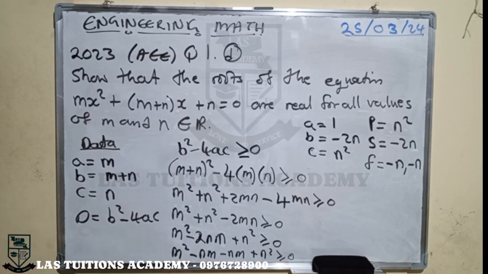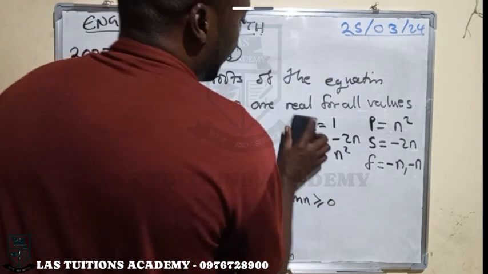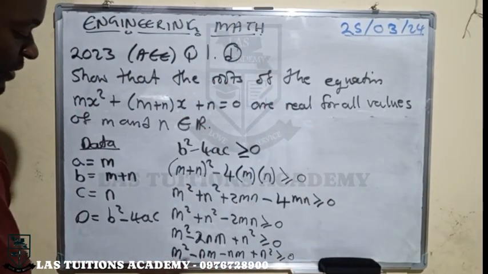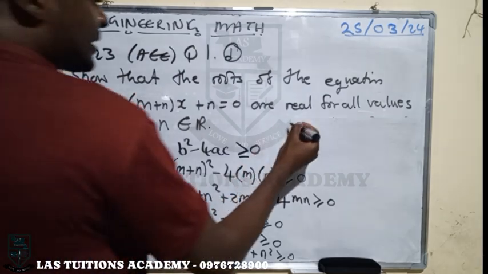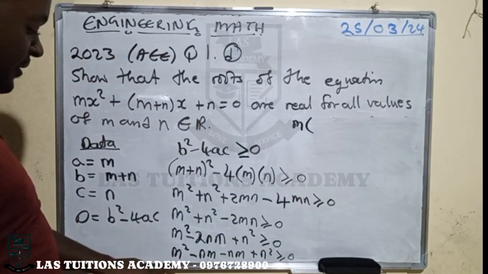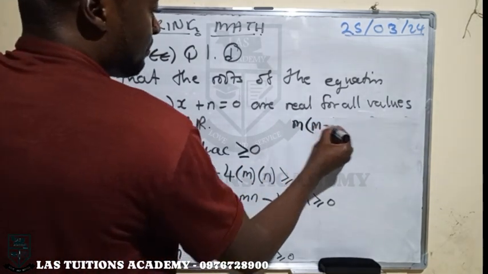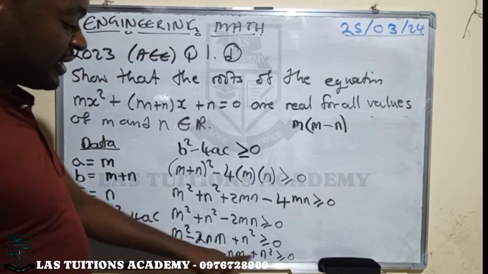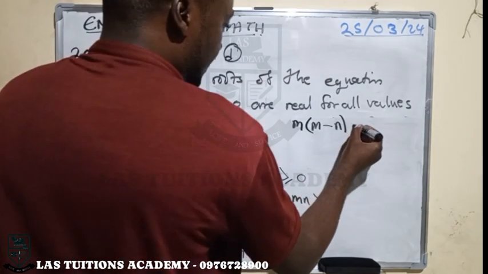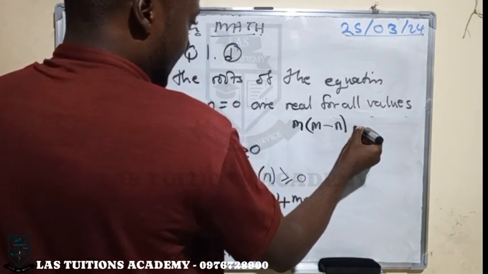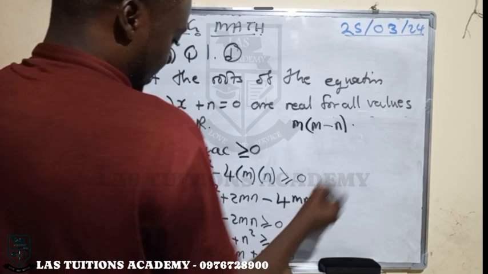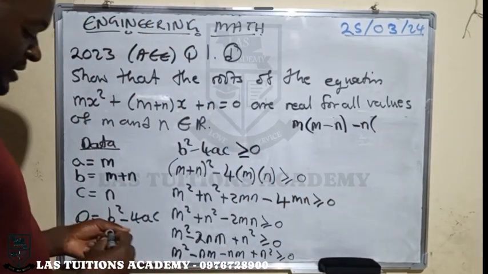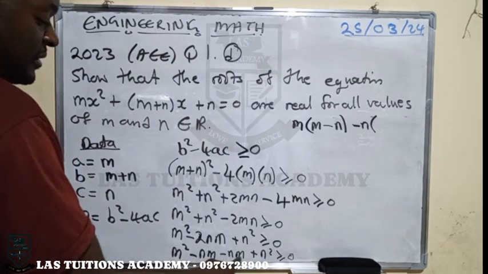From there we can say, in these two, the m is common, so you can take the m outside. Then we remain with m minus n. Then here the n is common, so we take minus n outside, so that when we divide by minus n, we remain with m.